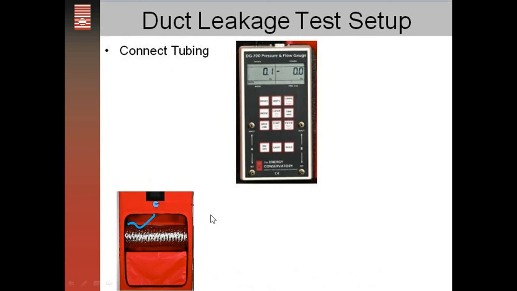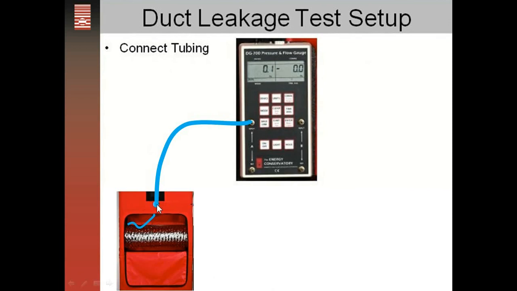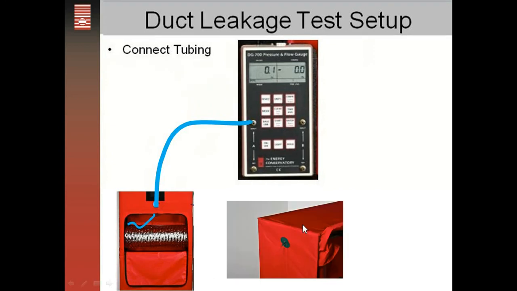So previously we showed connecting the tap on the ductwork up to the blue patch there, and then we'll connect the other longer section of blue tubing from that patch to the input on channel A. And what we want to measure is the duct pressure with reference to the enclosure.